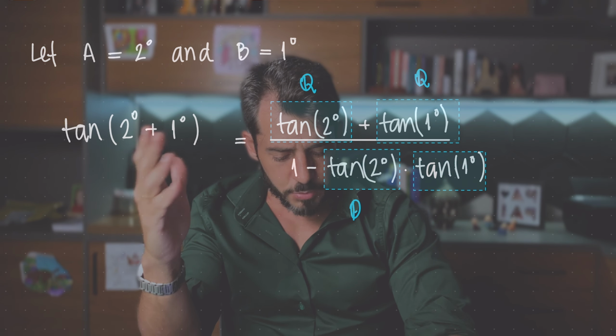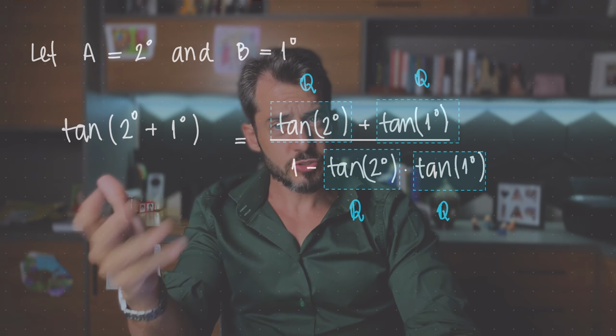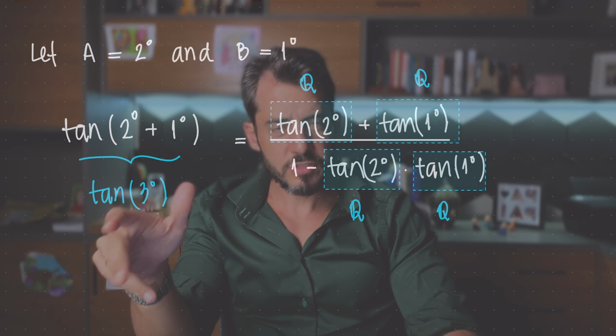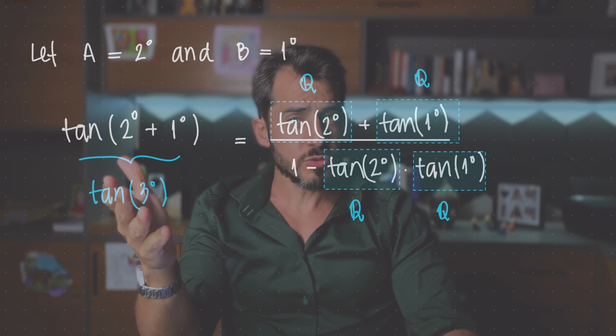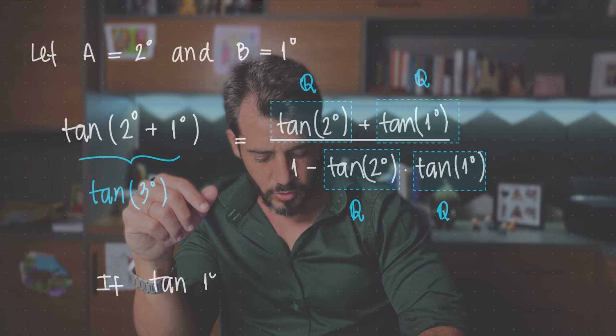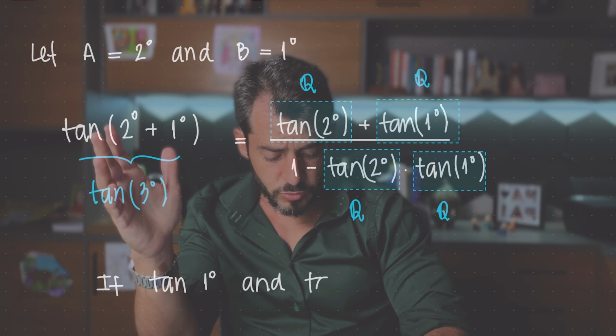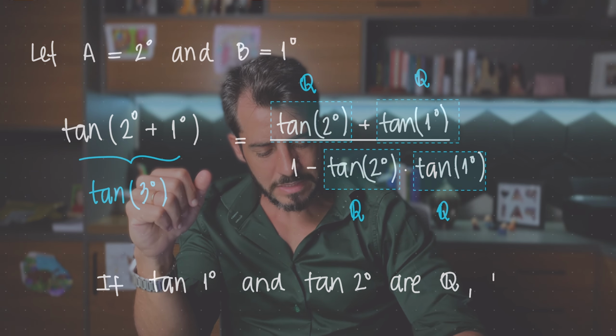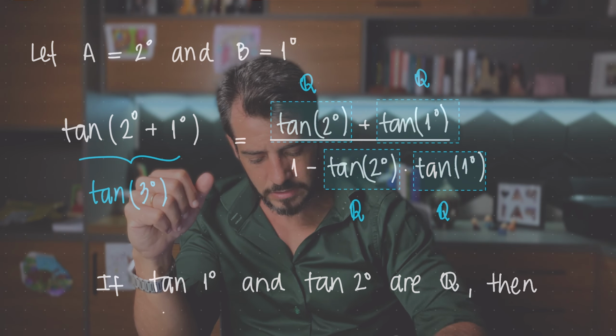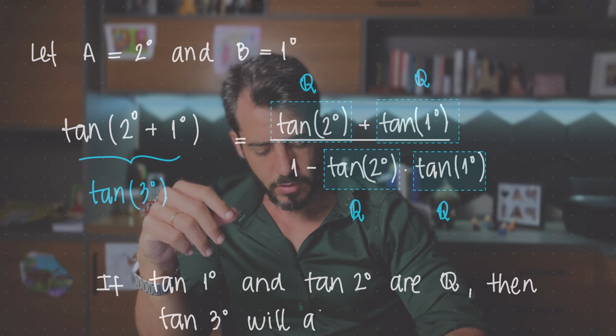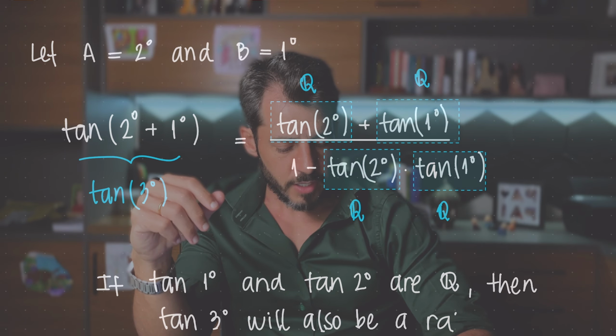Given that we're manipulating these rational numbers, the result itself, which is the tangent of 3 degrees, will also be a rational number. So if tan of 1 degree and tangent of 2 degrees are rational numbers, then as a consequence of that, tangent of 3 degrees will also be a rational number.